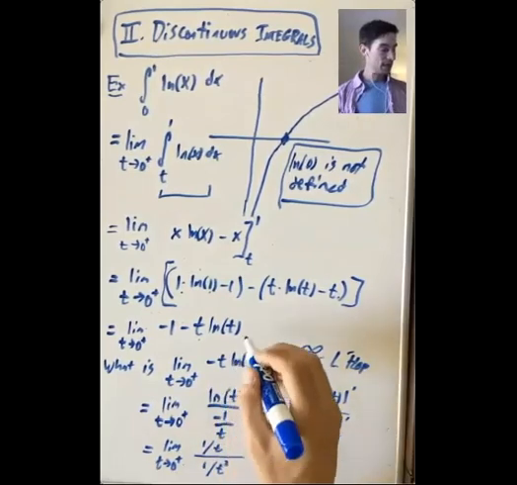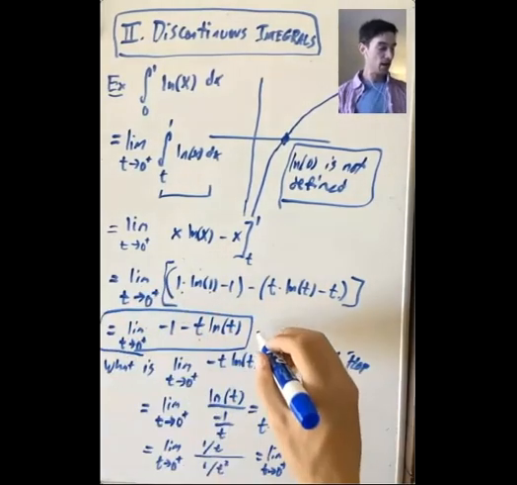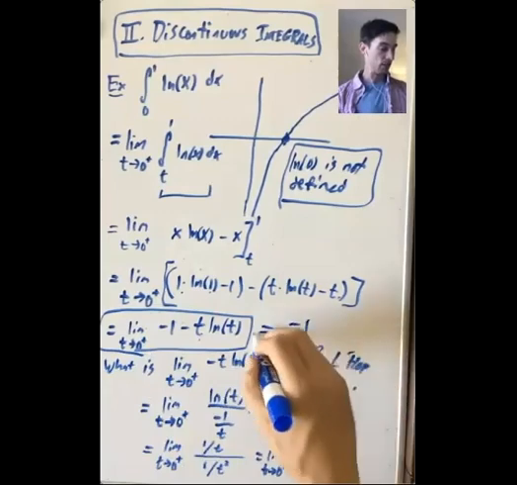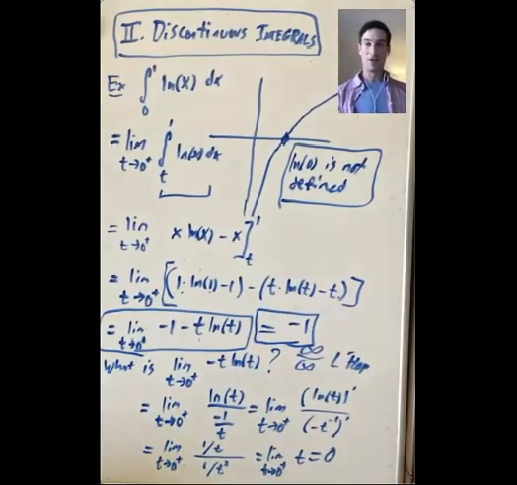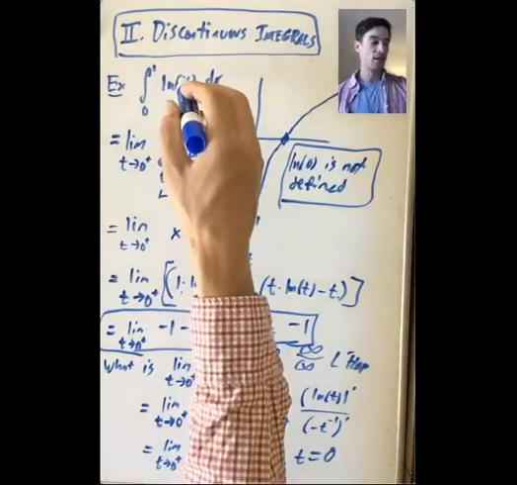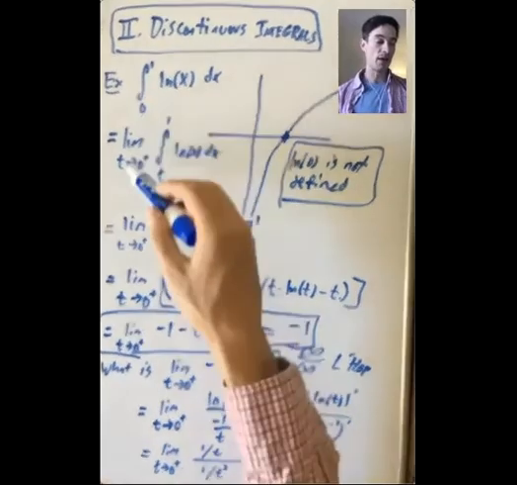And so what we see is that this limit that we were trying to figure out is -1 minus 0, which is just -1. So what does that mean? This whole integral, we first saw that it was continuous everywhere except the bottom endpoint.